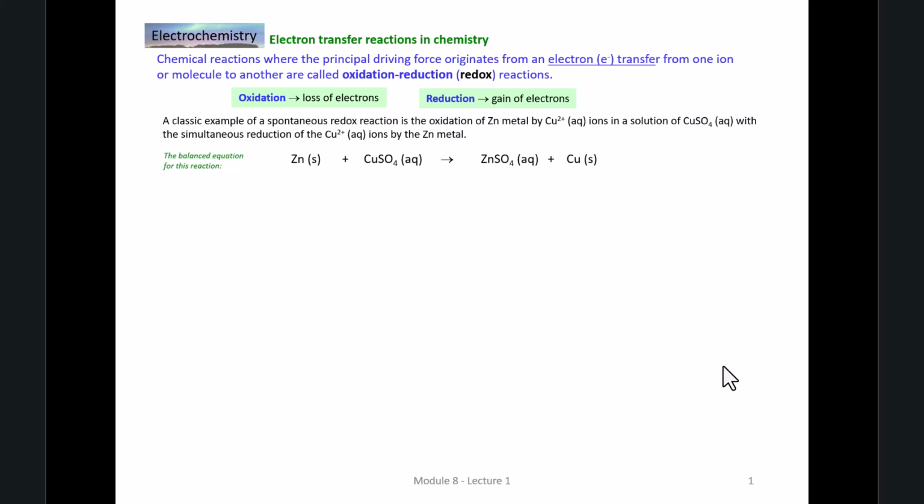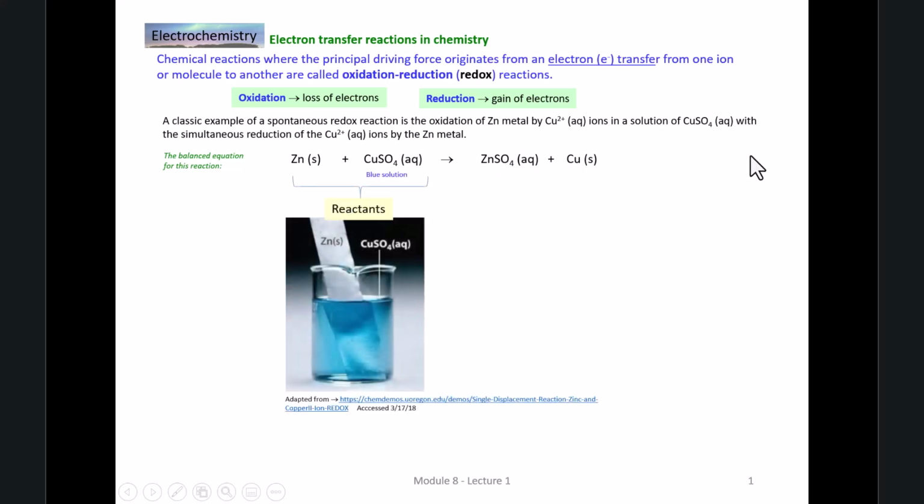So the balanced equation for this reaction would be zinc metal plus aqueous copper sulfate going to aqueous zinc sulfate plus copper metal. If we look at the reactants, at first what we have here is a blue solution in a beaker, which is the copper sulfate solution, into which we simply place a piece of zinc metal.